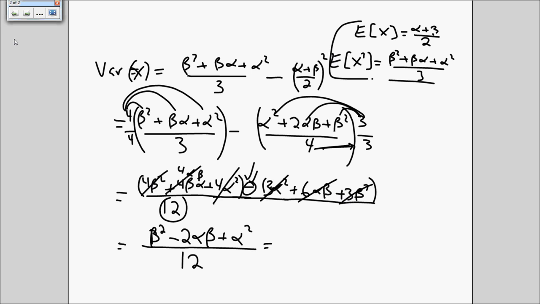It turns out that that numerator is nothing more than beta minus alpha squared, over 12. And that is the variance of a uniform random variable. We derived it, both the variance and the expected value.